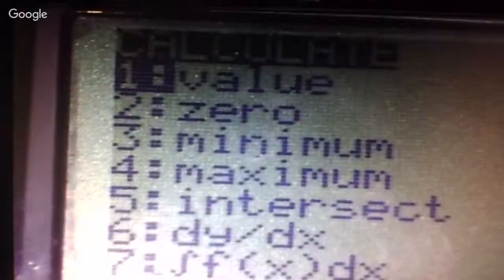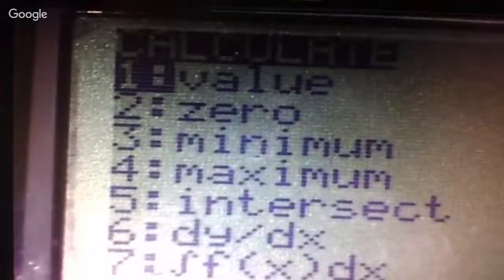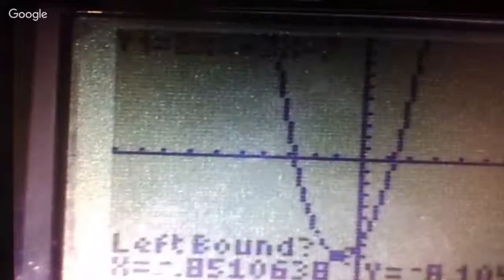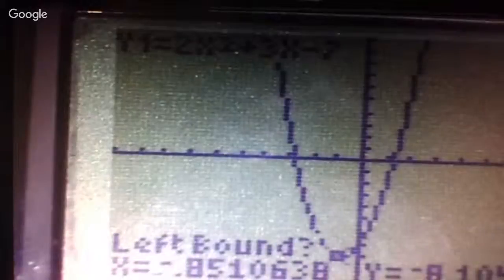So, again, to start this process off, you need to choose what you want. I think I have a minimum, so I'm going to pick 3. Move your little blinking dot as close to that minimum as possible.